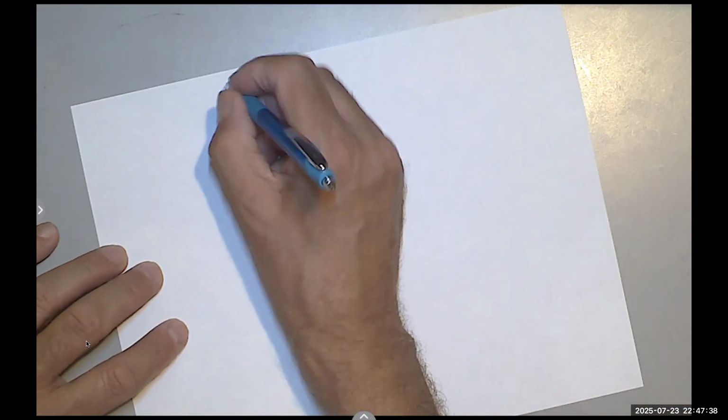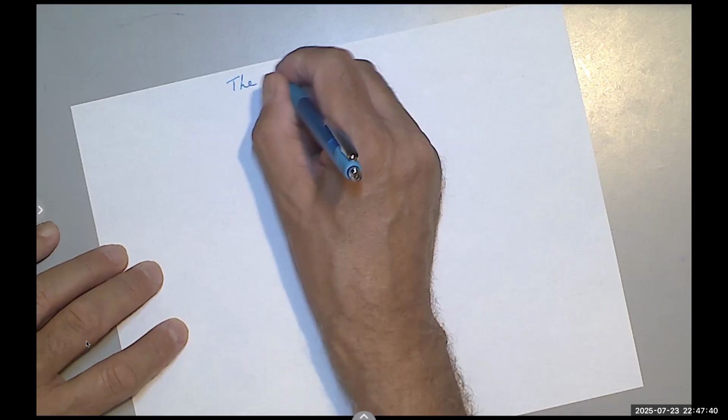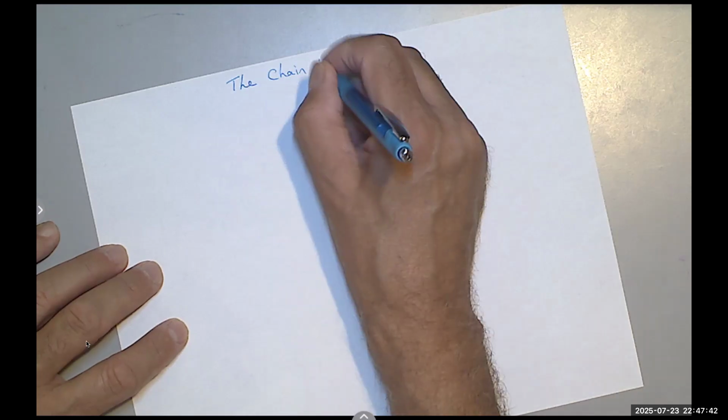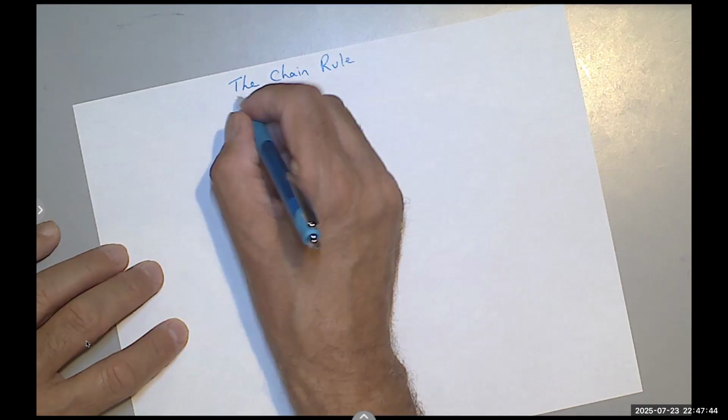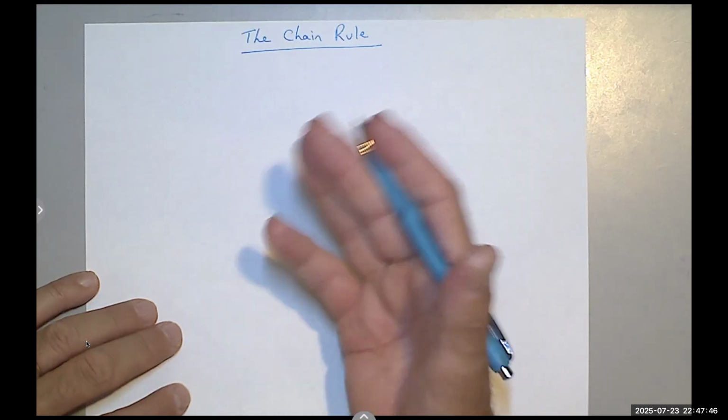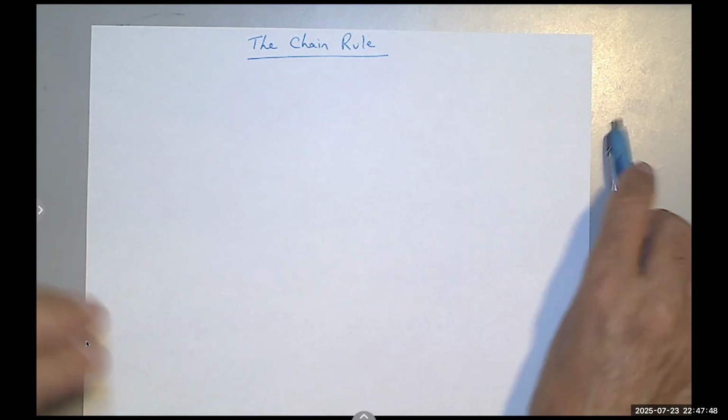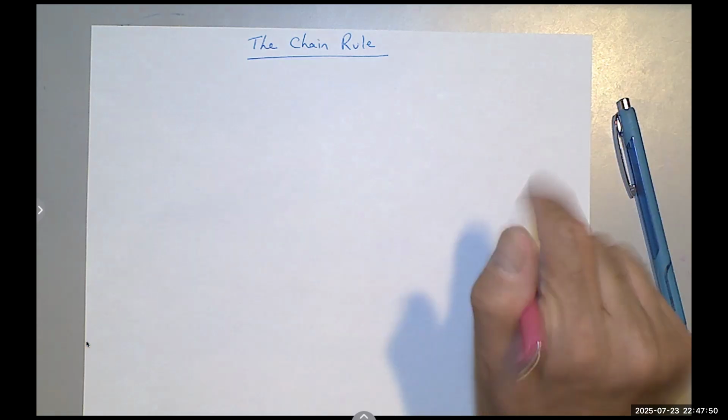Today, I wanted to go over a new topic, which is the chain rule in differentiation. Okay, I think we will start with an example and then we explain how it works. It's really pretty straightforward.